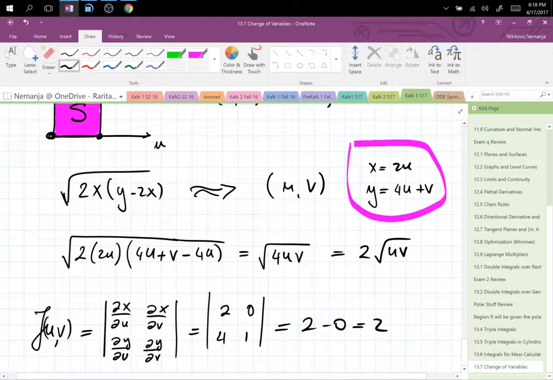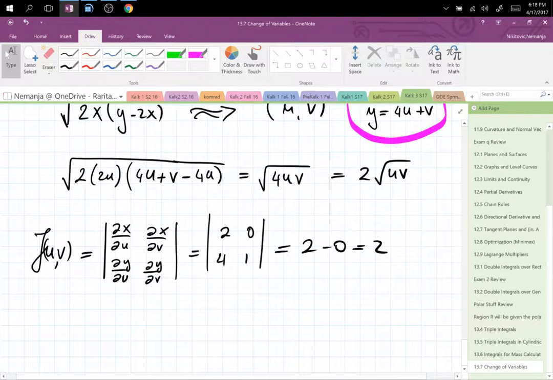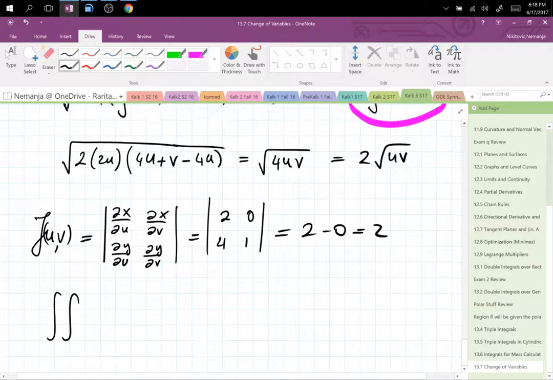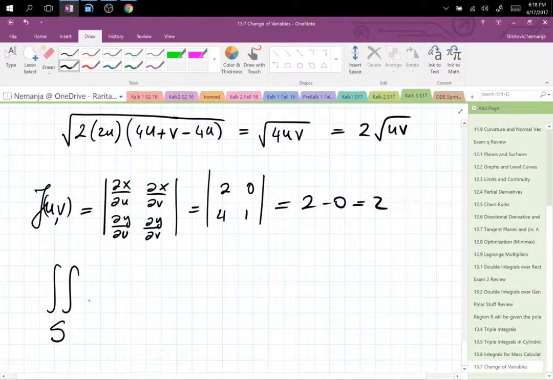So we got 2. And now I have double integral over region S of 2 square root of uv, times 2, and then dA.